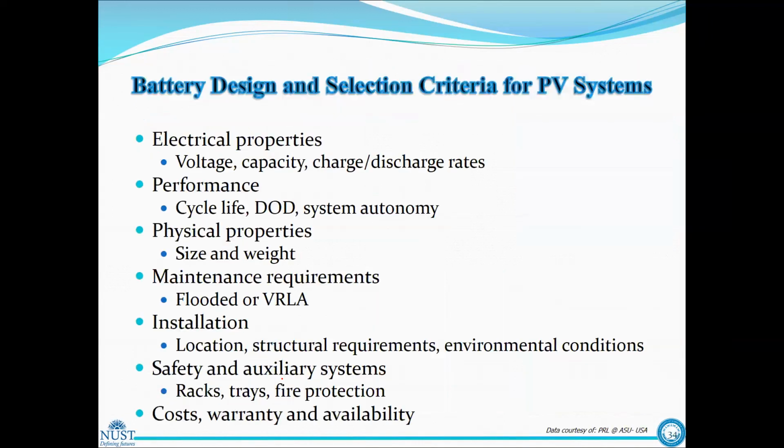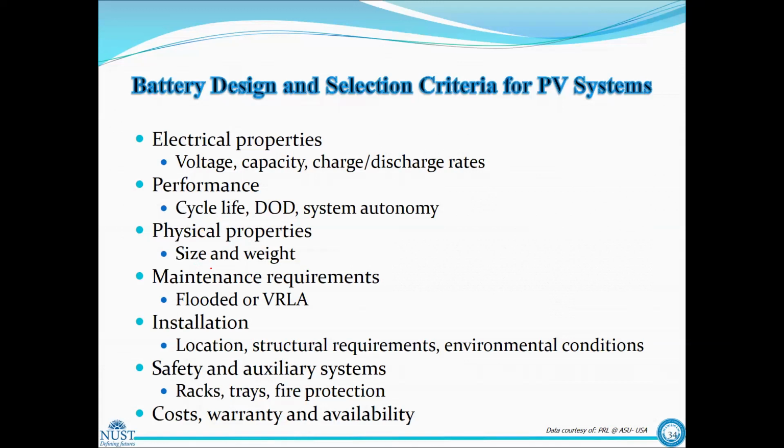And there are some critical parameters which must be considered. For example, electrical properties, which include voltage levels, capacity of the battery, and then charge and discharge rates. Performance depends on cycle life, depth of discharge of the battery, which is claimed by the manufacturer, and then system autonomy, meaning for how many days you are going to design this battery storage, even if the sun is not available.